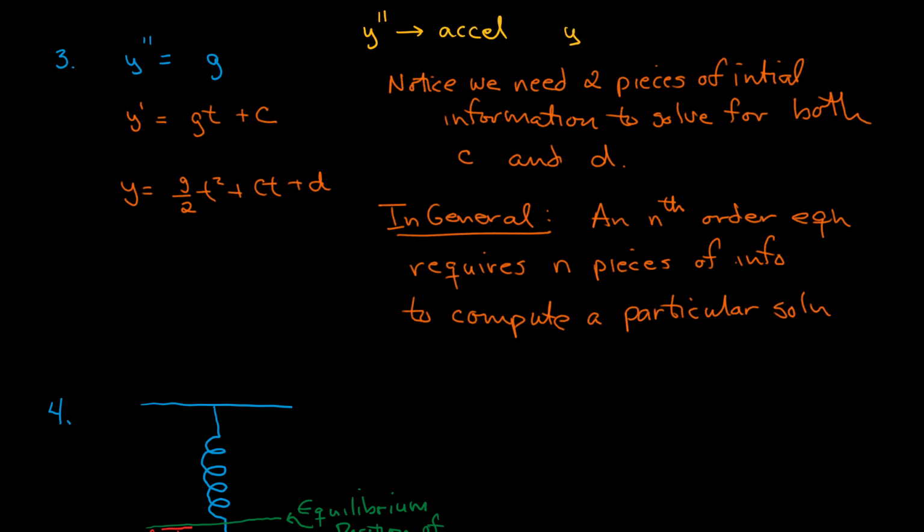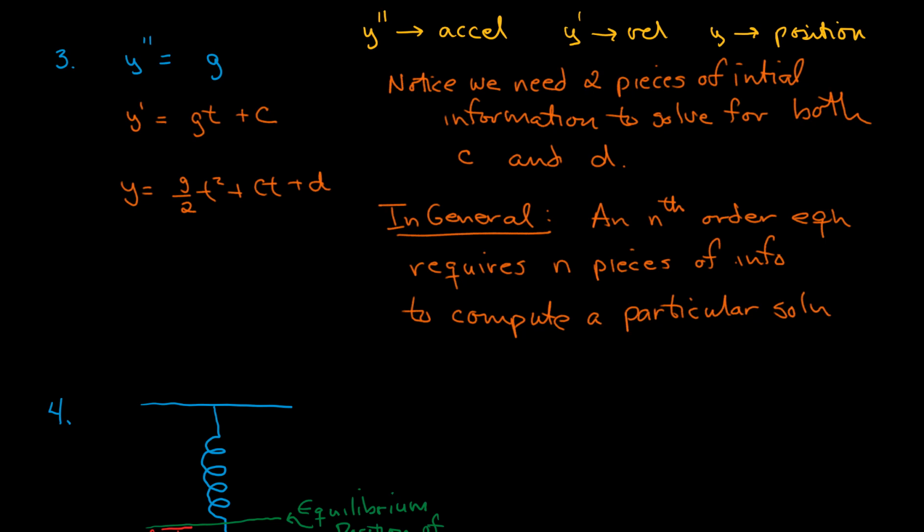The first derivative refers to velocity, and the function itself refers to the position of whatever the item is that you're interested in. So what we have right now is acceleration is equal to the gravitational constant.